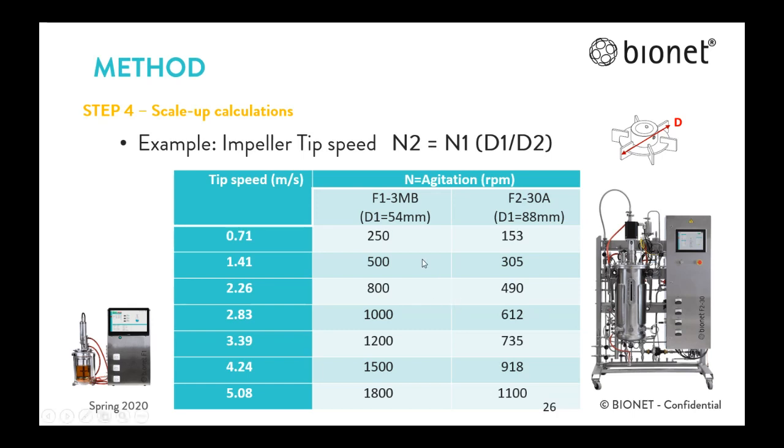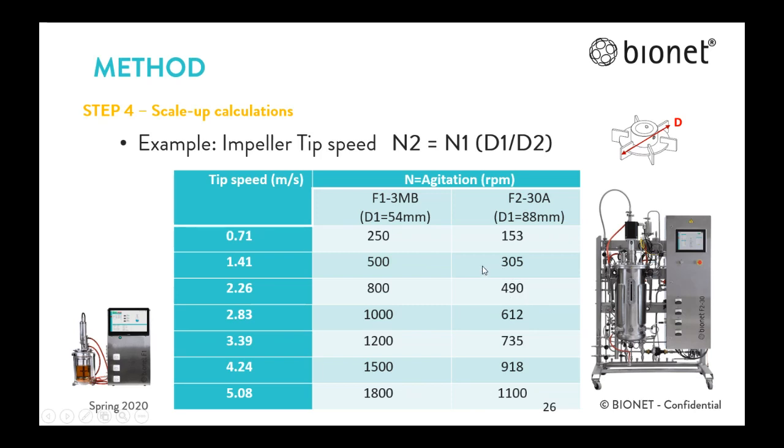You can see in this comparison, with just a bioreactor ratio of 1 to 10, the variation of the agitation keeping the same impeller tip speed can be very high. For example, it's a common mistake if we apply 500 RPM at 3 liters and want to apply the same agitation at 30 liters.